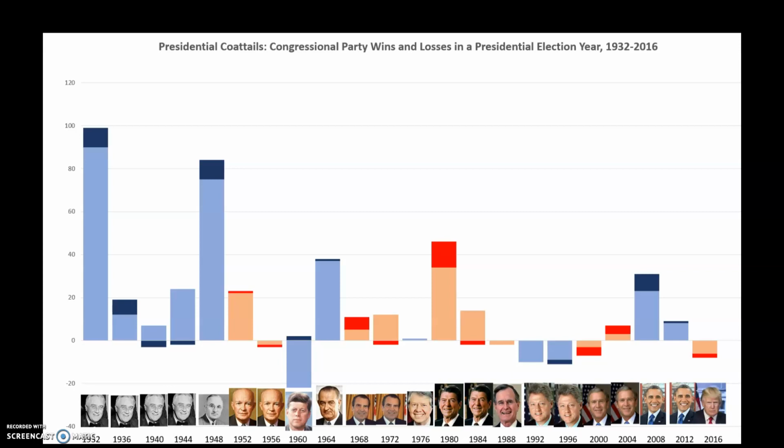In other words, in 2016, there's only 35 districts which may have voted Hillary Clinton for president, but voted Republican for the House, or vice versa. So split ticket voting is in decline in the USA. And you've also got this issue as well about fewer competitive districts. So there's fewer districts which are actually having less than 10 points between them.